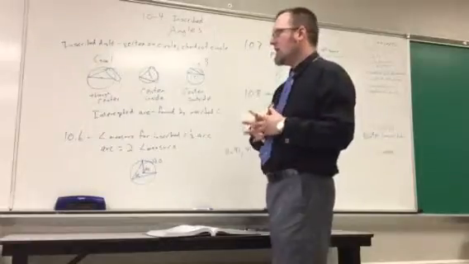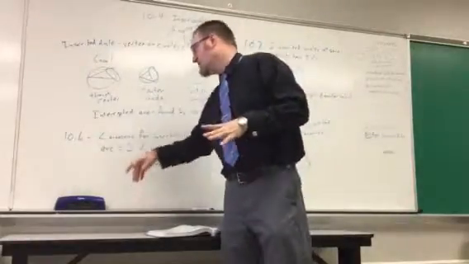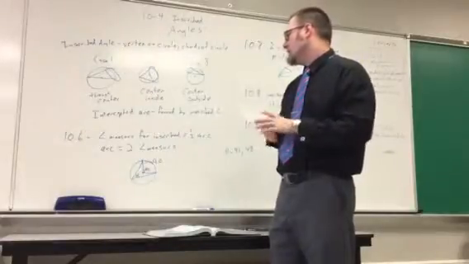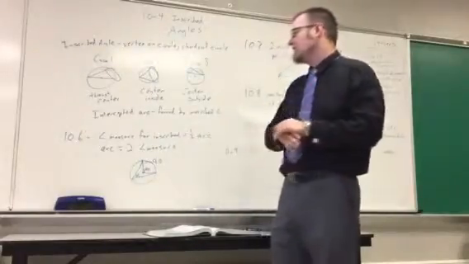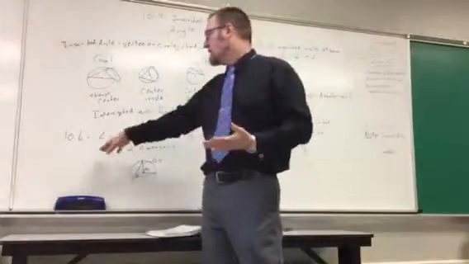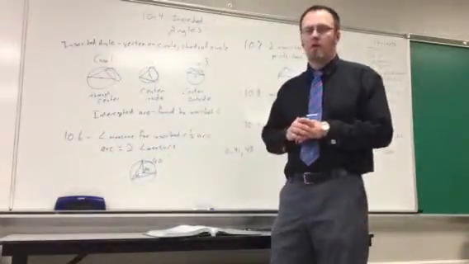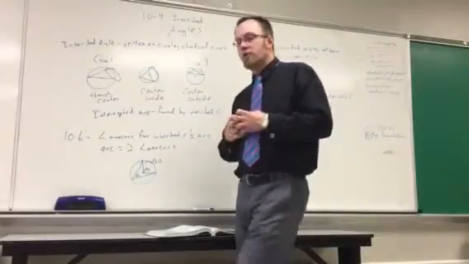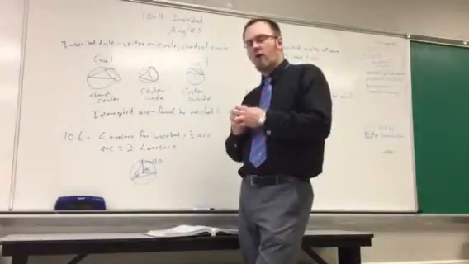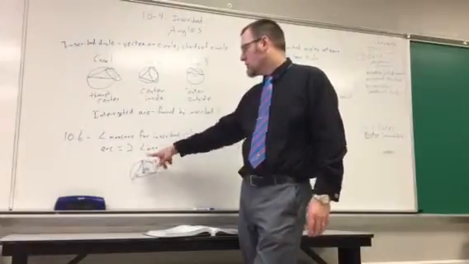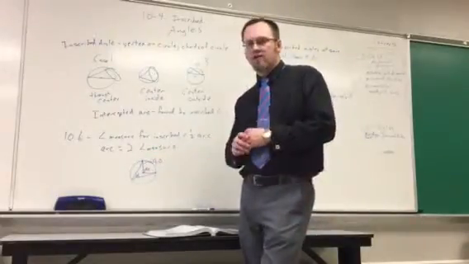On theorem 10.6, the angle measure for each inscribed angle is equal to 1/2 of the arc, or the arc is equal to 2 times the angle measure. What we have seen so far is this central angle of 90 degrees, which would make this arc 90 degrees.